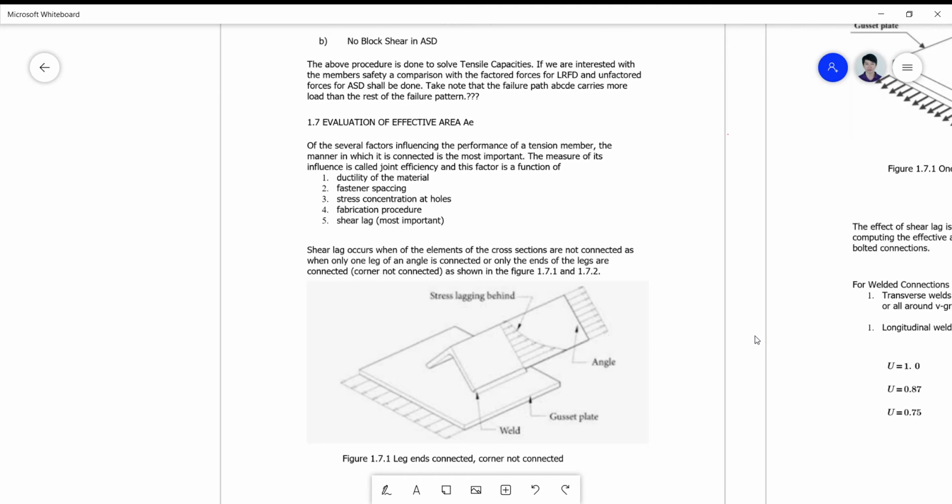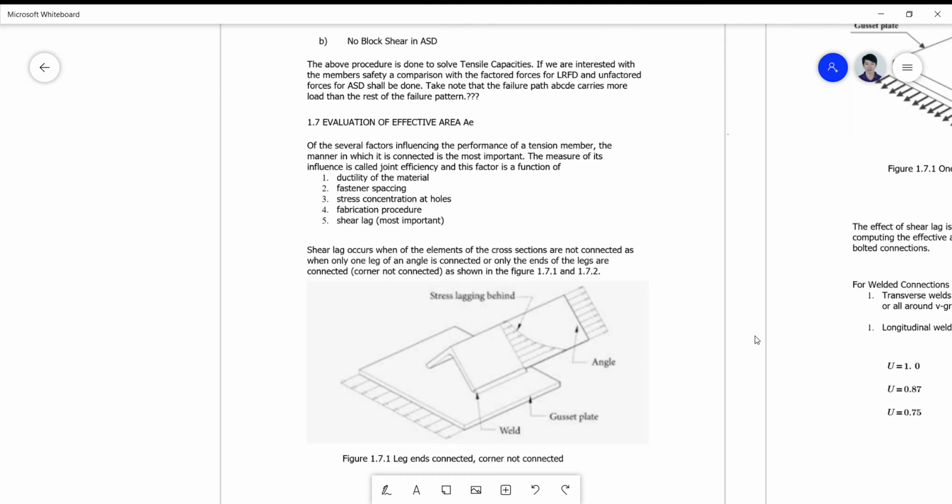Okay, so let's move on to the evaluation now of your net area or effective area based on the net area AE.